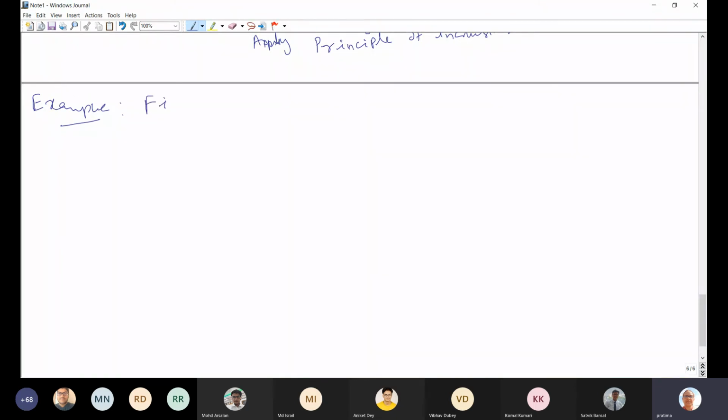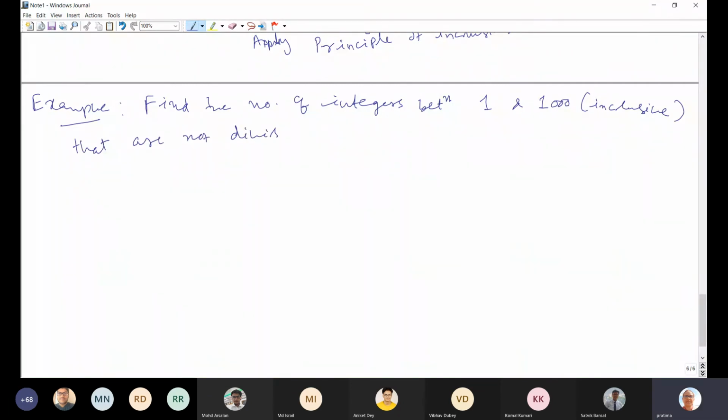Find the number of integers between 1 and 1000, inclusive, that are not divisible by 5, 6 and 8.